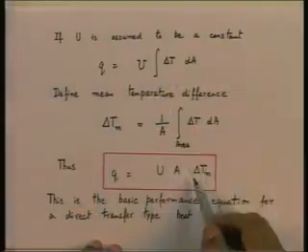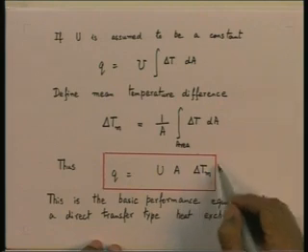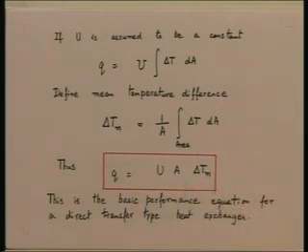The mean temperature difference will depend upon the temperatures of the two fluids, the hot fluid and the cold fluid, at the inlet and the outlet. So, I need to find ways of calculating delta Tm based on my knowledge of THI, THE, TCI, TCE.